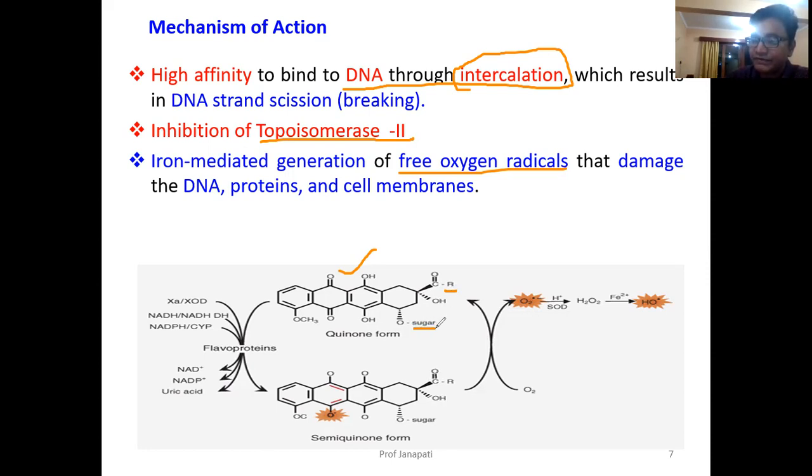We didn't put daunosamine because epirubicin is different and all those things. That's why we kept sugar. Now here what happens is that the quinone form which was present will be reduced to the semiquinone form. The semiquinone form has an extra electron.